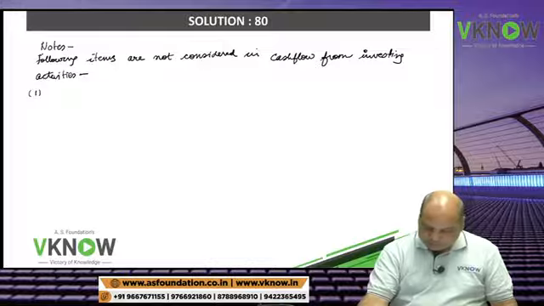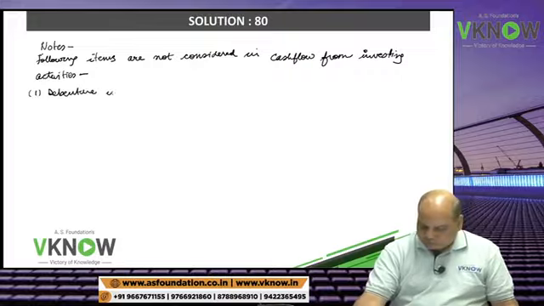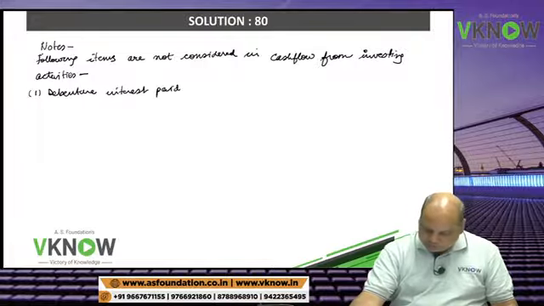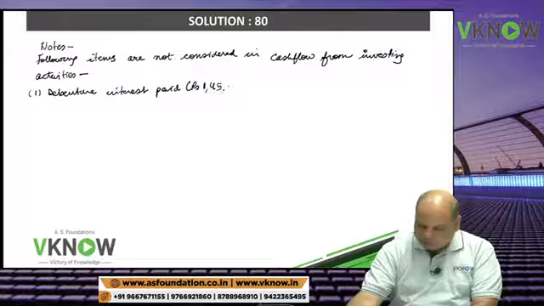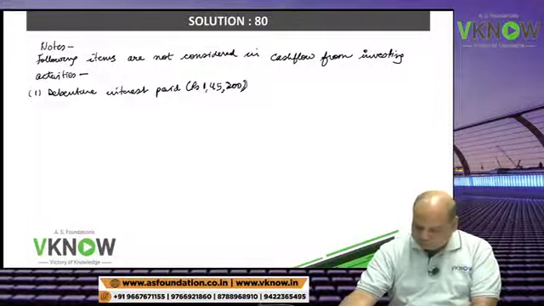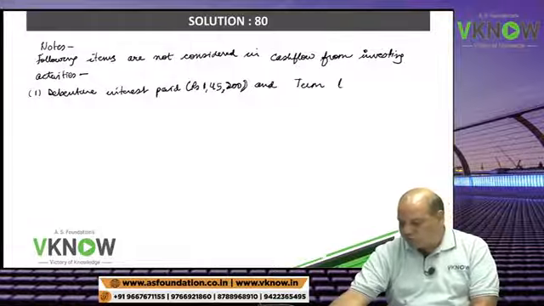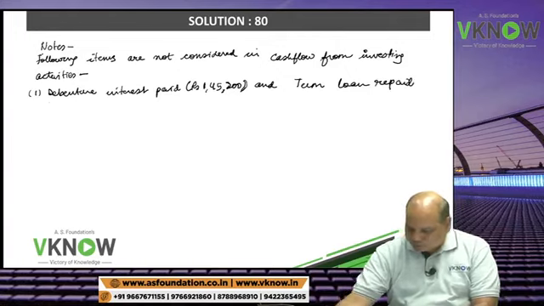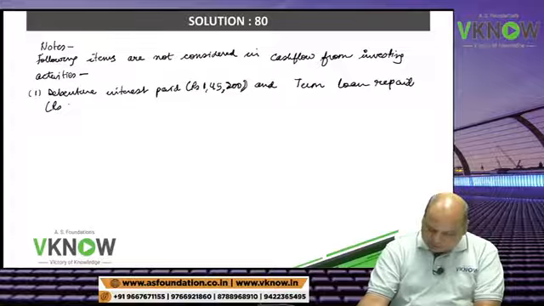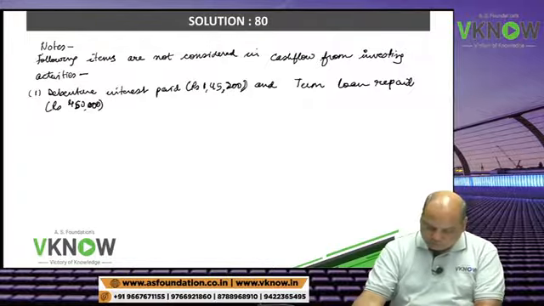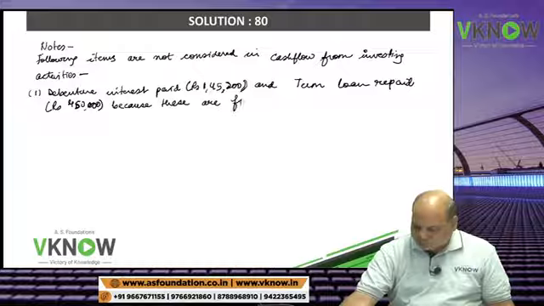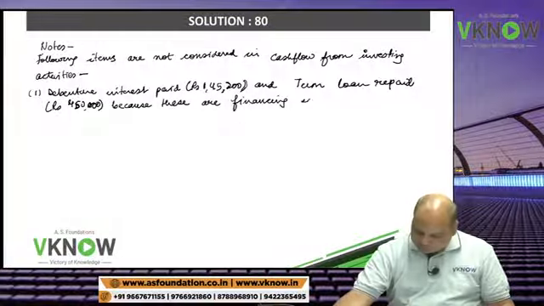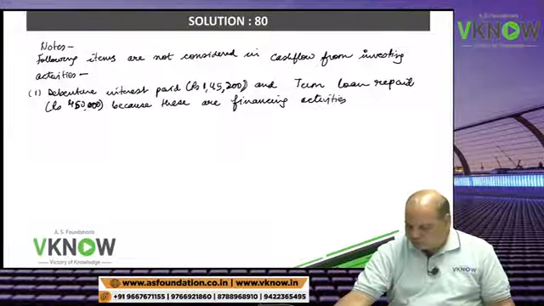First, write down debenture interest paid, in bracket rupees 1,45,200, and term loan repaid, in bracket rupees 4,50,000, because these are financing activities.